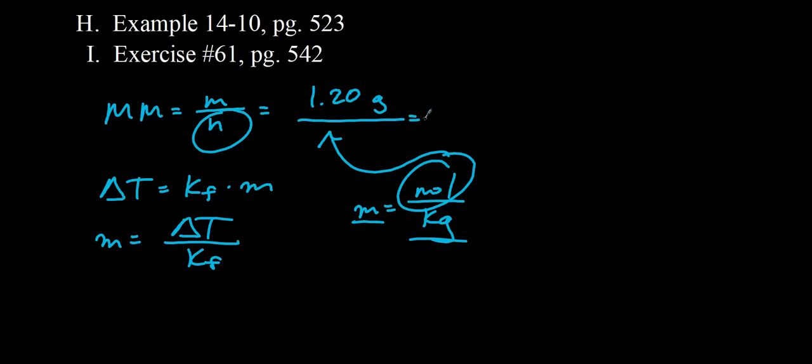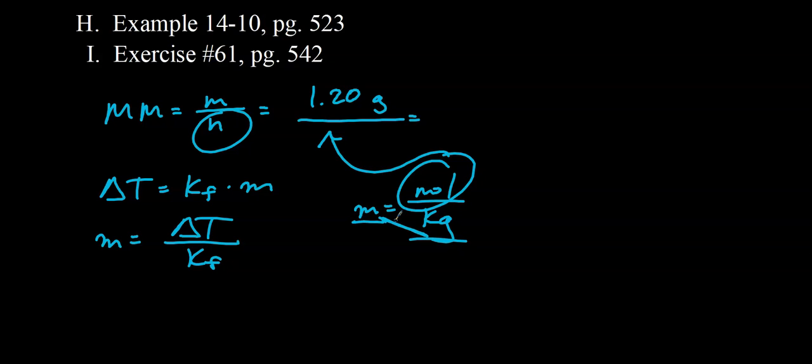Calculate delta T first. So freezing point of the solvent by itself minus the freezing point of the solution. So we get a freezing point depression of 0.56 degrees Celsius. Take that divided by Kf for benzene. Molality is 0.11 molal. We're going to take that and multiply it by the mass of the solvent in kilograms, which was 50 grams.